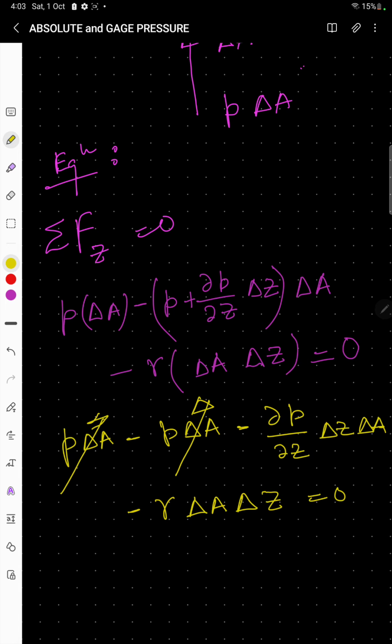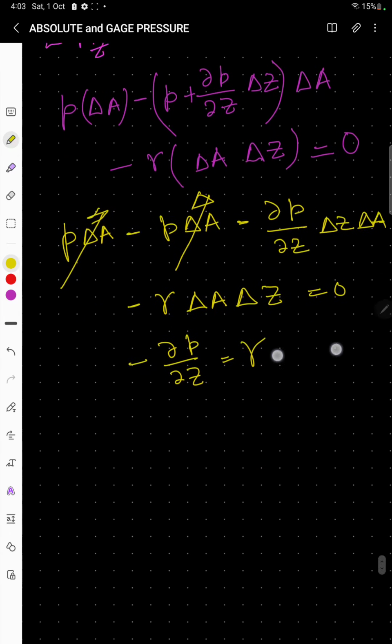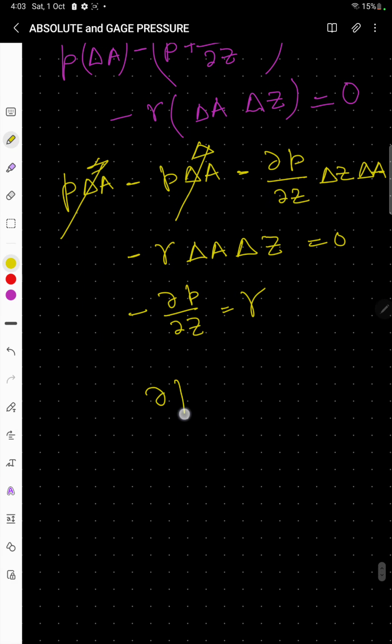If you quickly look at this, the delta Z will be removed, delta A will be removed. The only thing left is minus del P divided by del Z, which is coming out to be gamma. So if you simplify more, you can write that del P is equal to minus gamma times del Z.